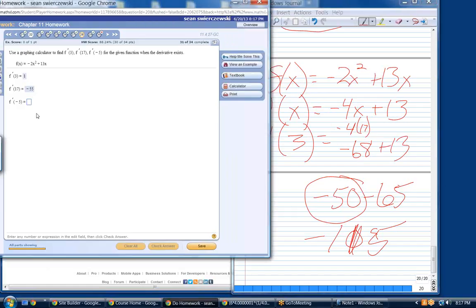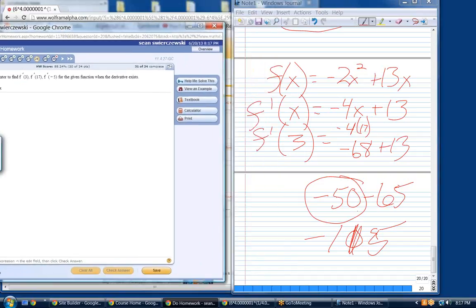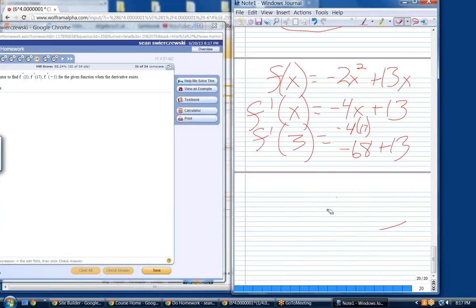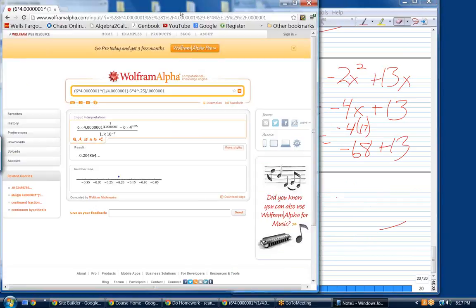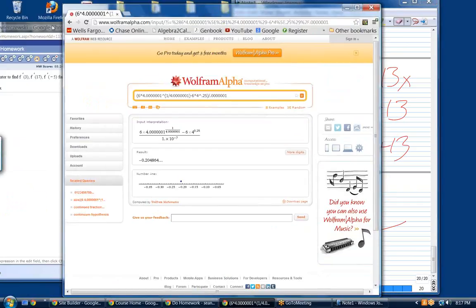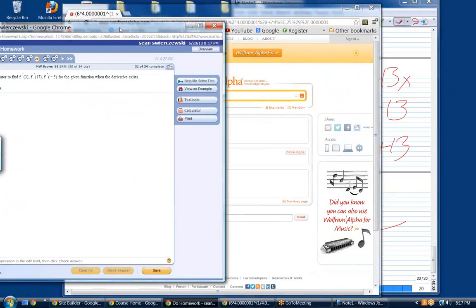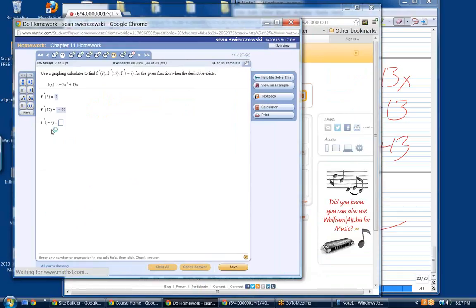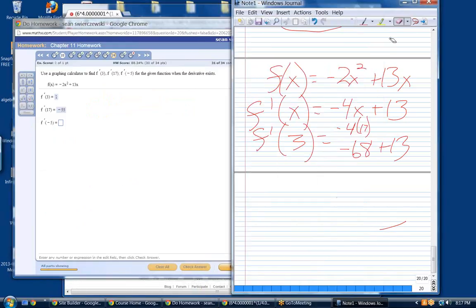Why are you squaring it, though? Ah, thank you. Thank you for being on your toes. It's 23. Okay. Just positive 23? I believe so, because negative 2 times negative 5 is 10 plus 13, 23. Okay.